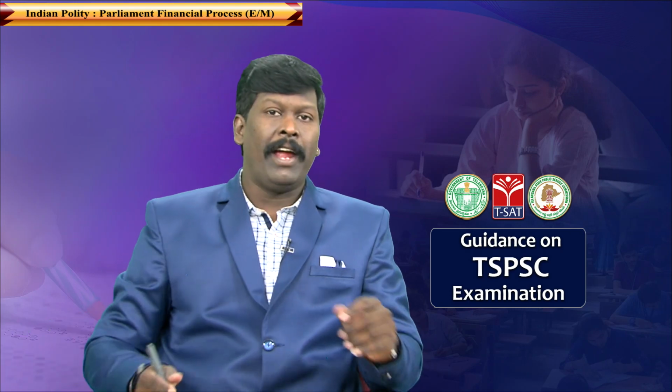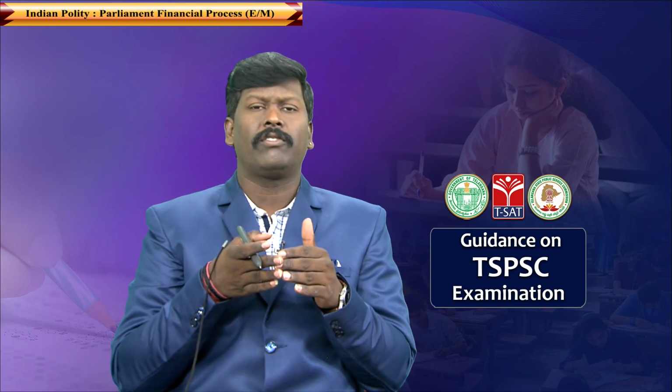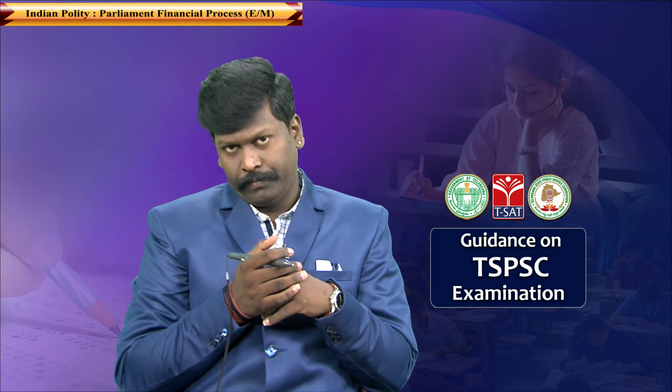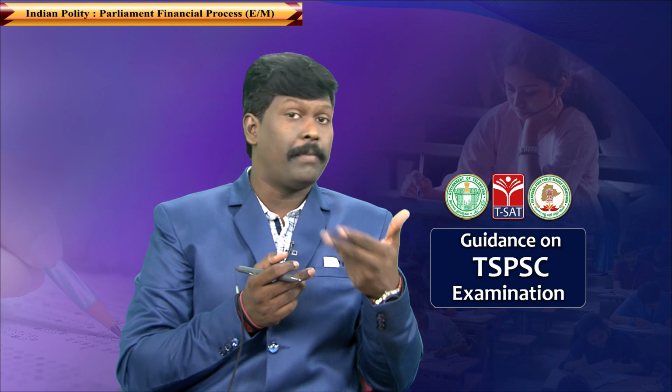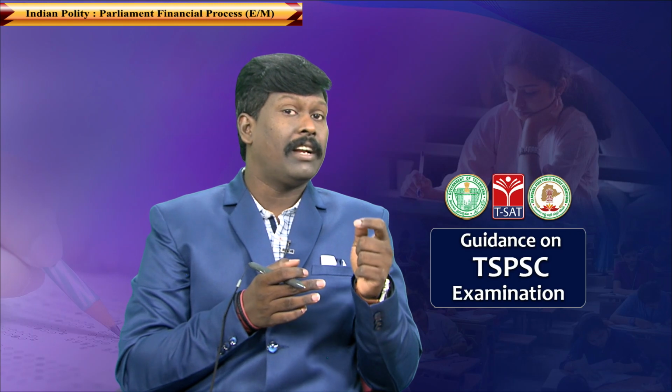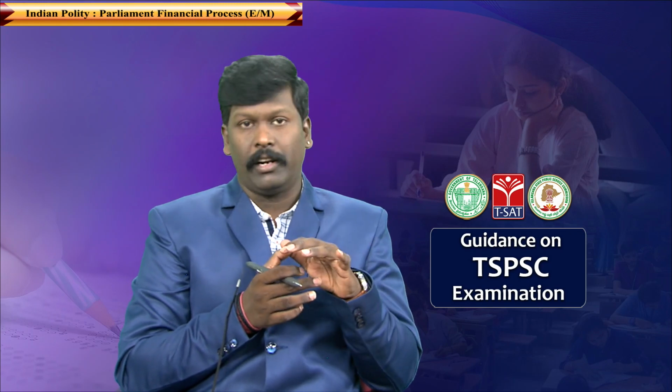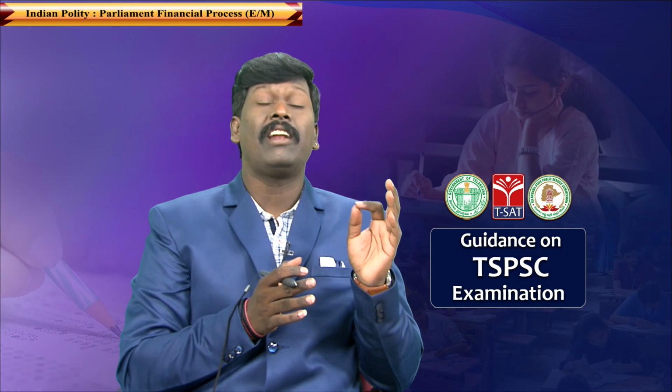See, the main duty of the Public Accounts Committee is to review the reports of the CAG. The Estimates Committee is responsible for examining the estimates of the budget. Now, Public Accounts Committee consists of 22 members, absolutely correct, out of which 15 are from Lok Sabha, 7 are from Rajya Sabha.